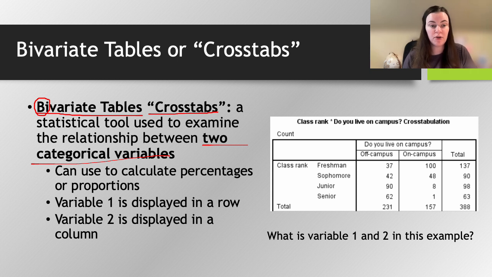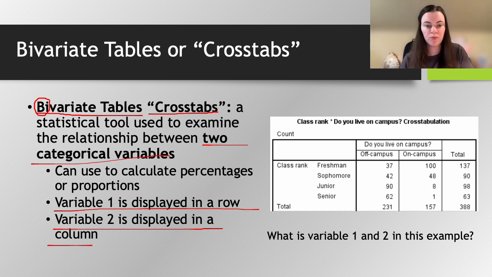We can use this information to calculate both percentages and proportions, so those formulas we just used on the last slides. Variable 1 we often display in a row, and variable 2 is often displayed in a column. So again, if you're familiar with Excel, this should look pretty familiar to you.